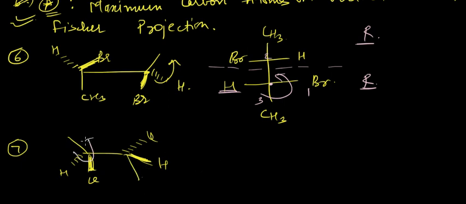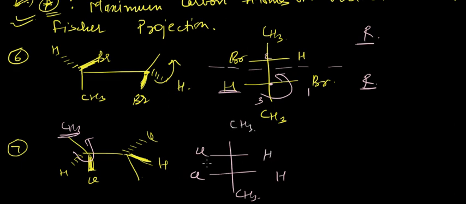You have to rotate this bond so that the CH3 here should come below the plane for the first carbon atom. So if CH3 comes below the plane, Cl would go to the left, H will come to the right. Similarly, Cl, H, CH3. So you know that in this compound this is already a mirror image, so you just have to calculate the configuration of this carbon atom and then just reverse it for this carbon atom.